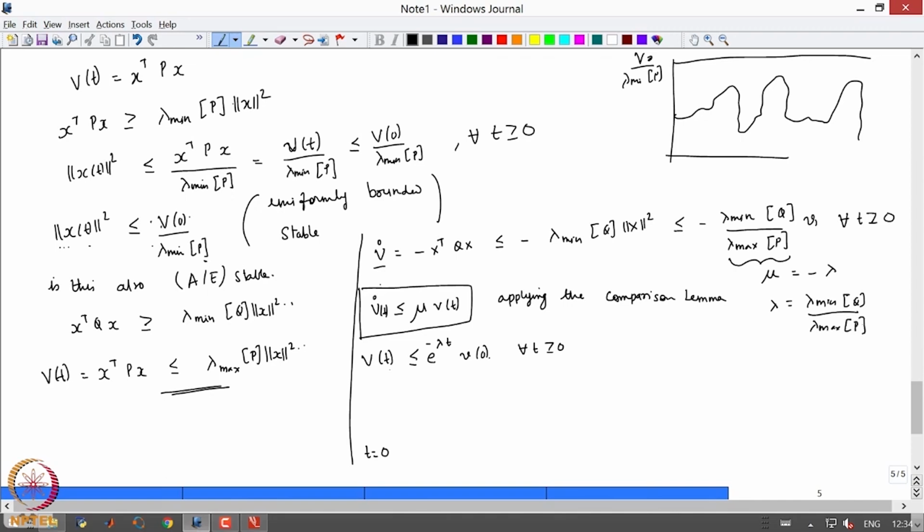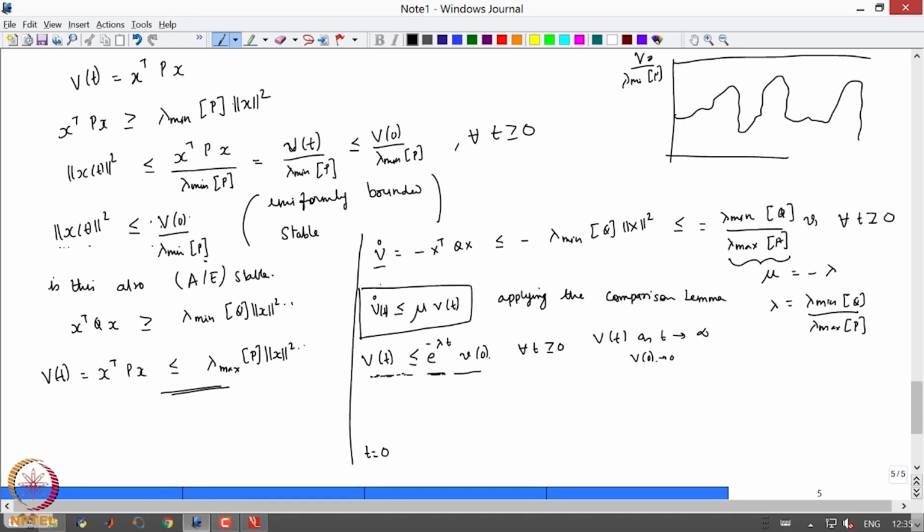Okay. So, what does this tell me about V? This lambda will always be greater than 0 because Q and P are positive definite matrices, so all their eigenvalues will be strictly positive. This negative sign will add up to that and say that V of t as t goes to infinity will go to 0.